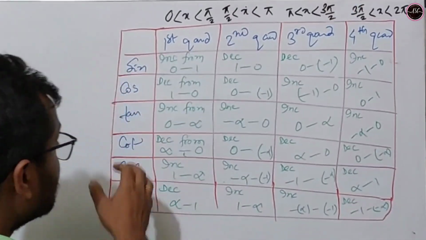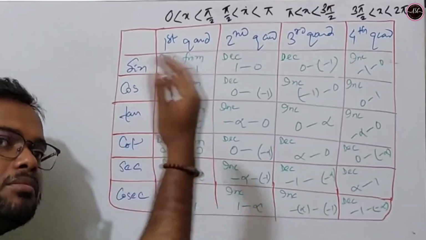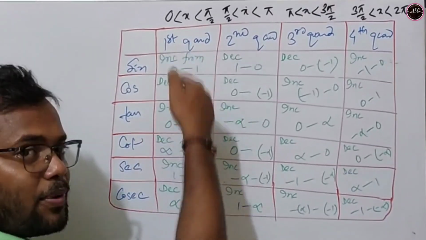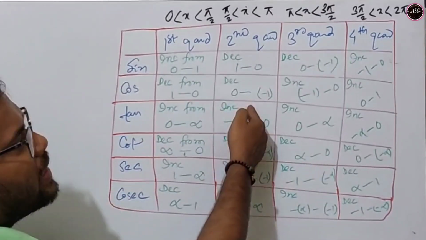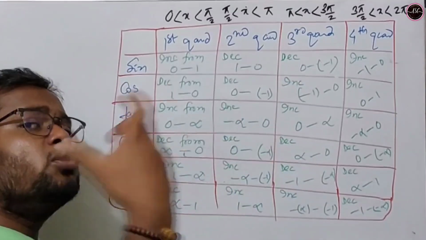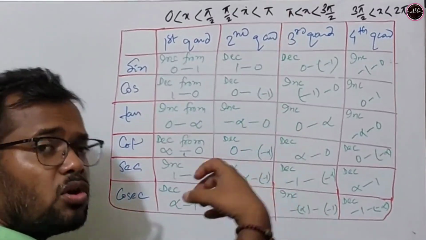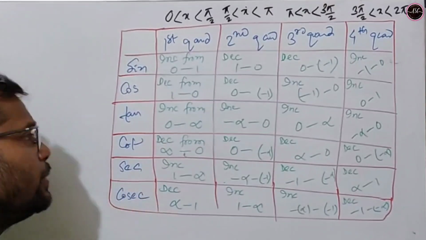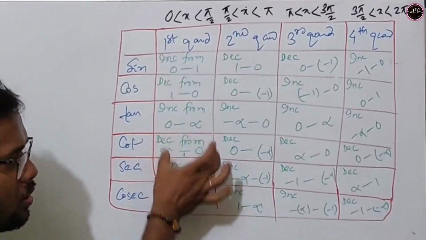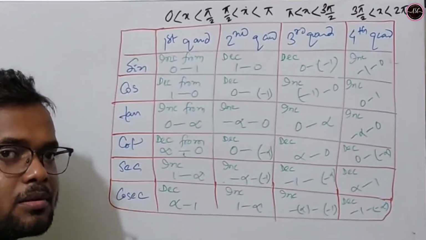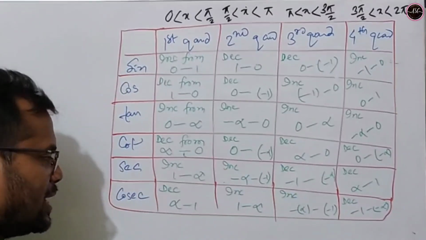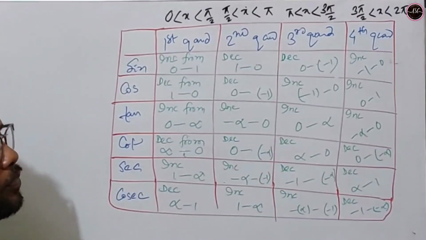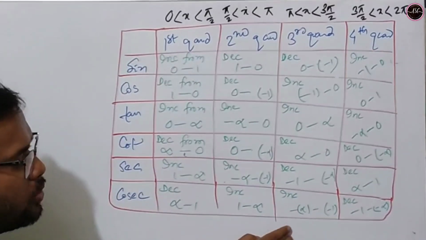And tan x increases in the first quadrant from 0 to infinity, in the second quadrant from minus infinity to 0, in the third quadrant from 0 to infinity, and in the fourth quadrant from minus infinity to 0. This should be remembered. From this we can also define cot x, sec x, cosec x. This is also important, this should be kept in mind.